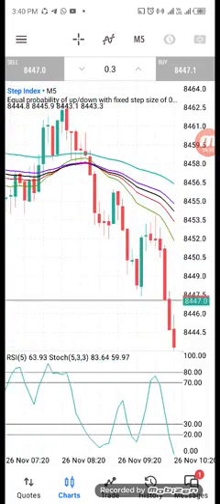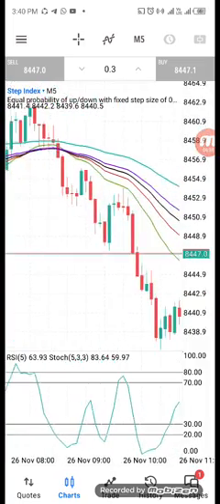Now, the first thing we need to check is what is the direction of the trend. Once you have the price below all the EMAs, that is telling you that you have a bearish mode during that period within the time frame you are checking.